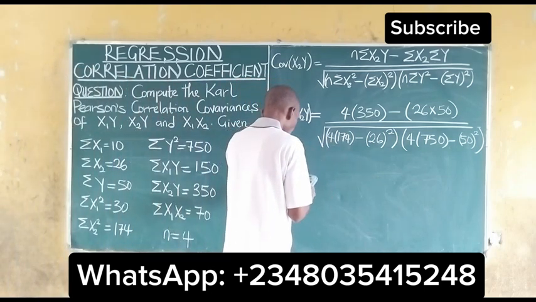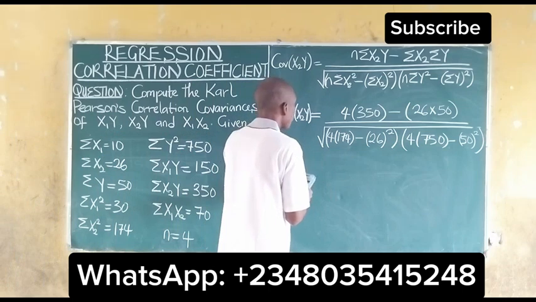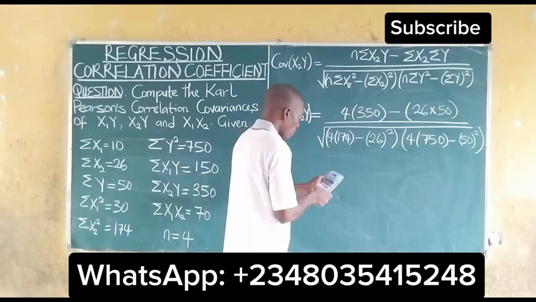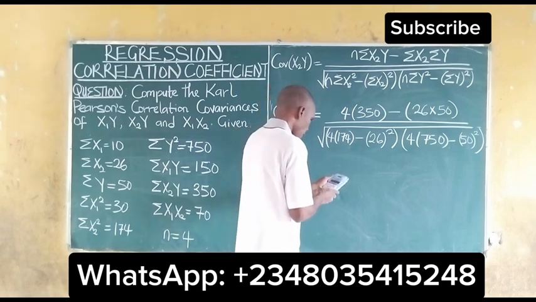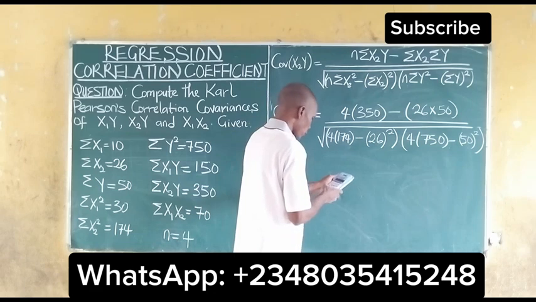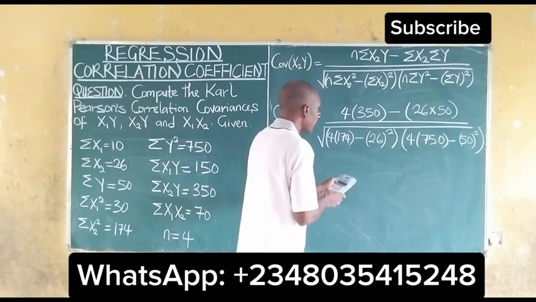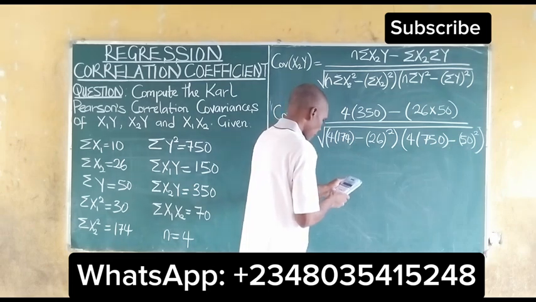So we have 4 multiplied by 350 minus 26 times 50.